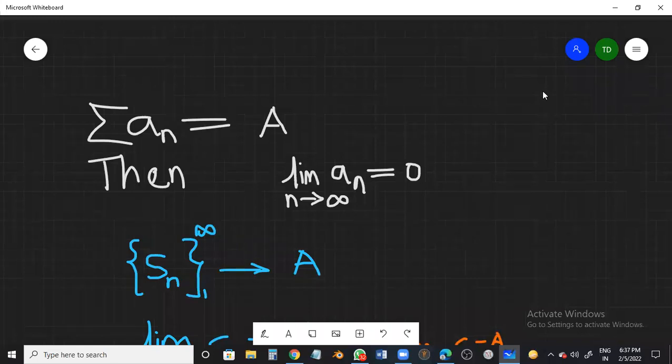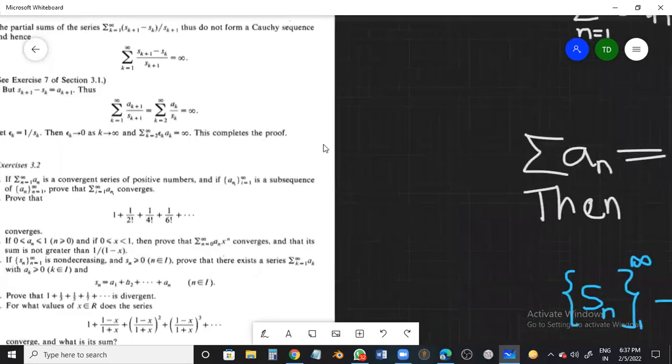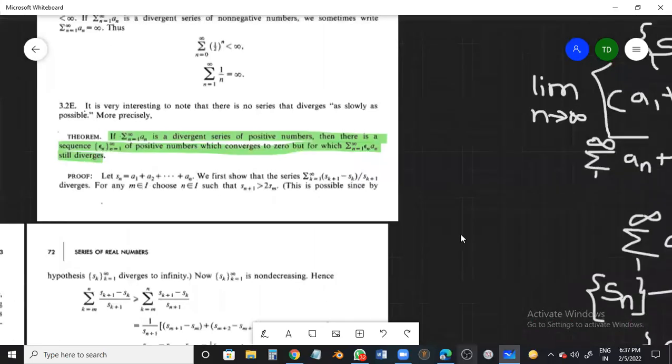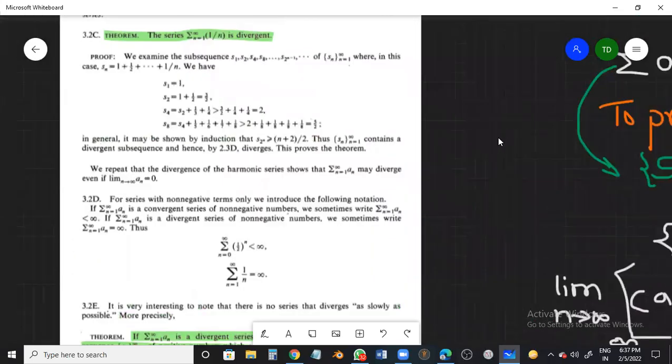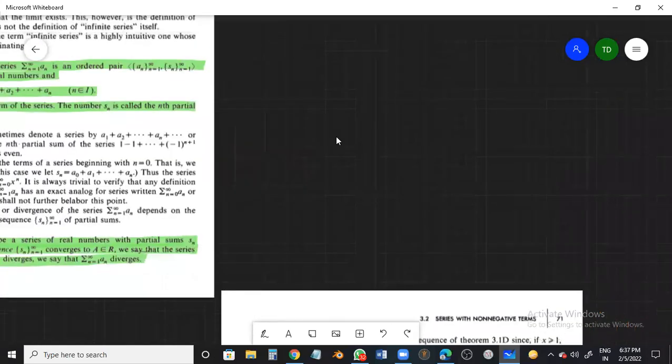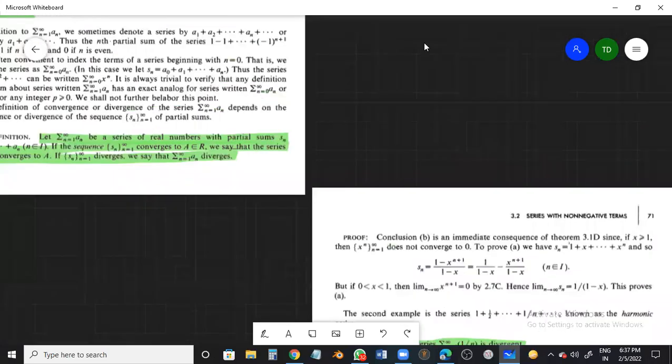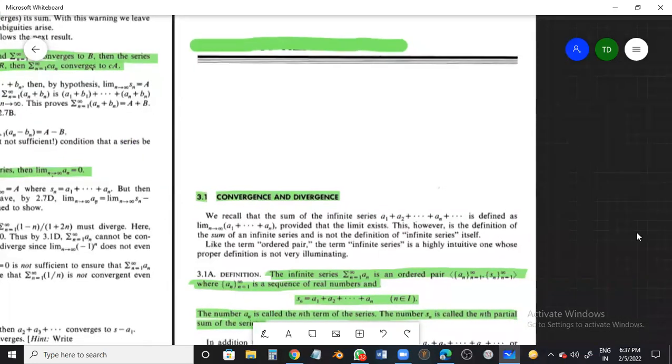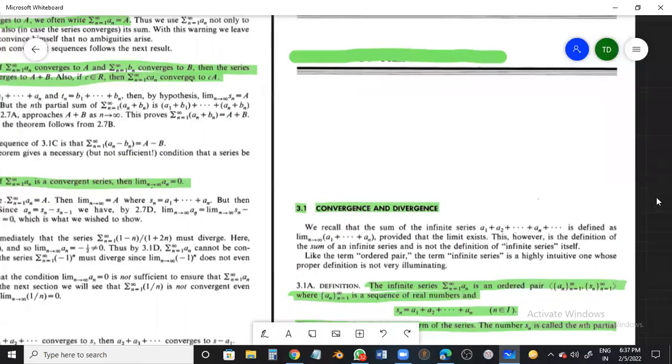What is this? What is this I'm pointing? जर माझी सिरीज, yes, इथे आहे ते शीट.